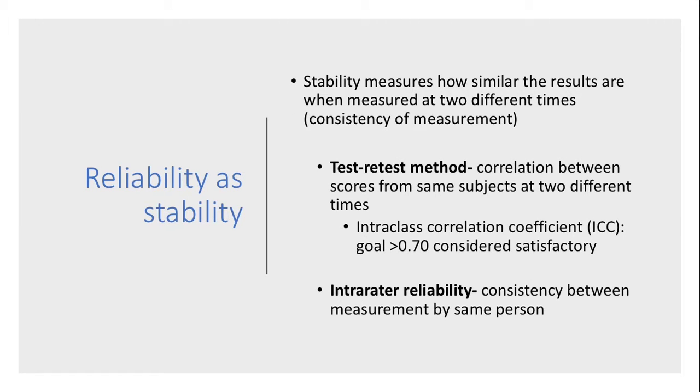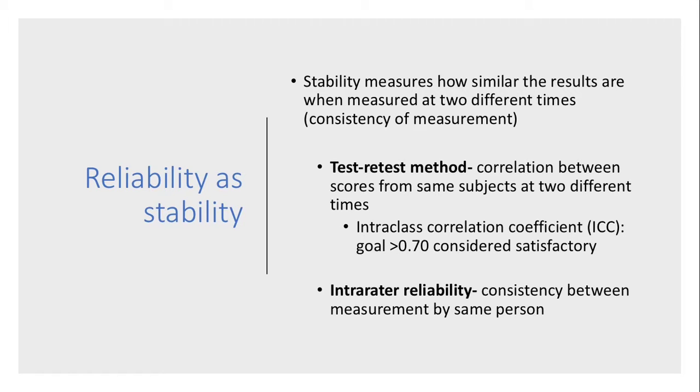Stability refers to how similar the results are when measured at 2 different times. This refers to consistency of measurement. A common reliability test used with this is called the test-retest method, where they're looking at the correlation between scores with, say, the same subjects at 2 different times.